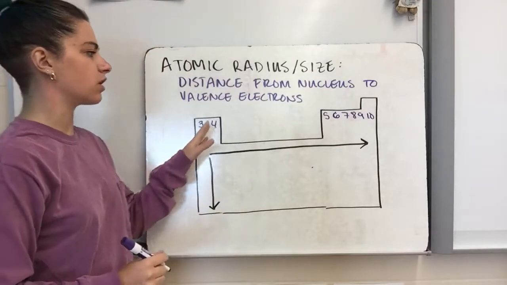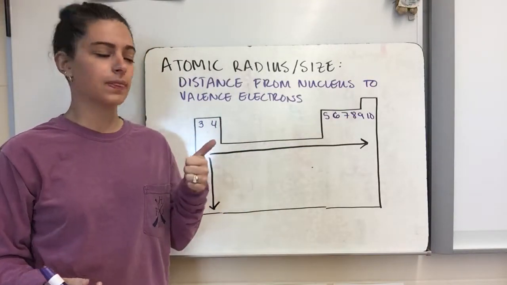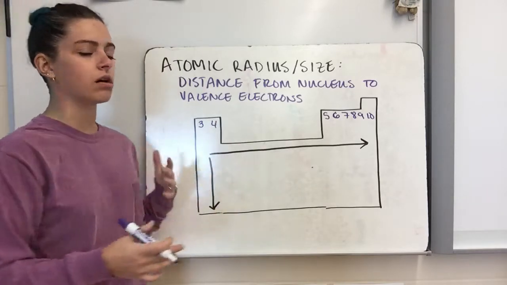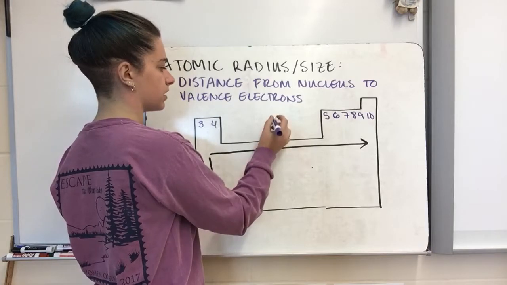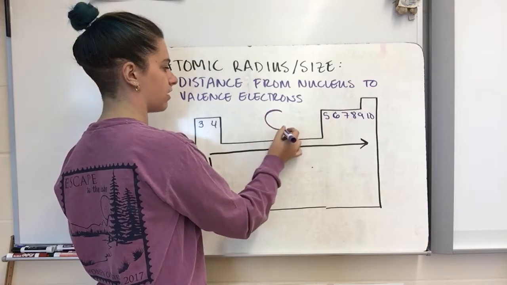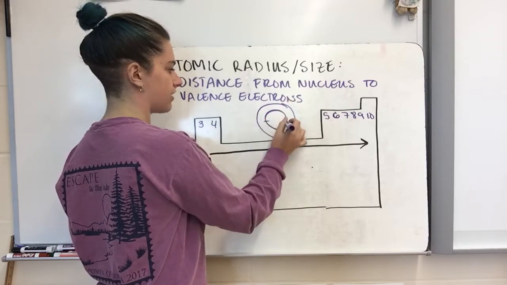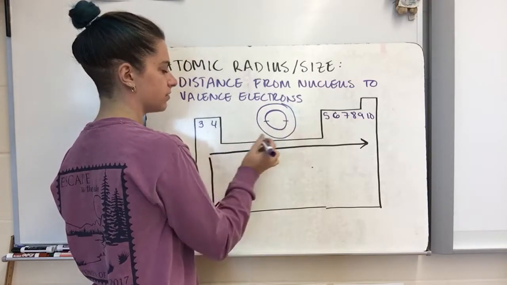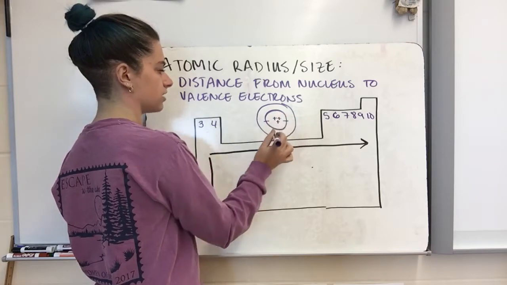So as we're moving across our periodic table, our number of protons is going up. However, our electrons are all going into the same energy level. Okay, so as we move across our periodic table, if I have a model of our atom here, they all have these 2 valence electrons, and lithium has 3 protons.